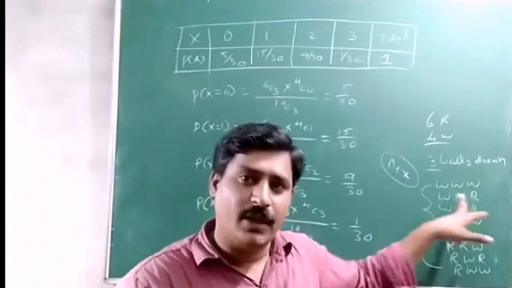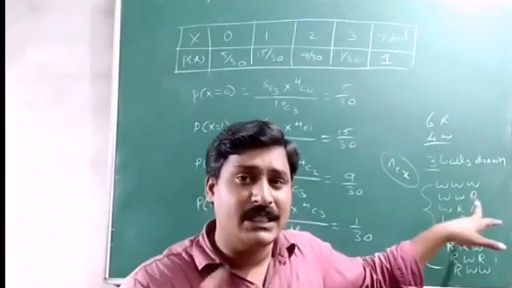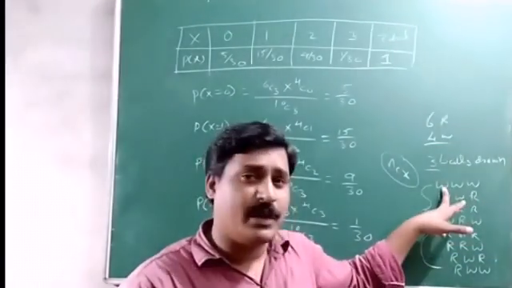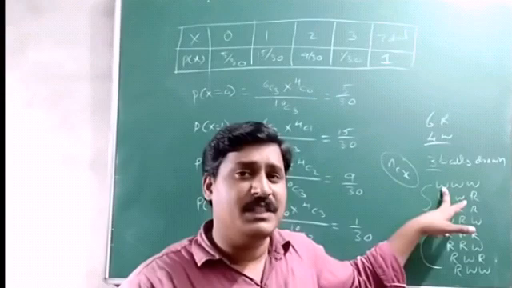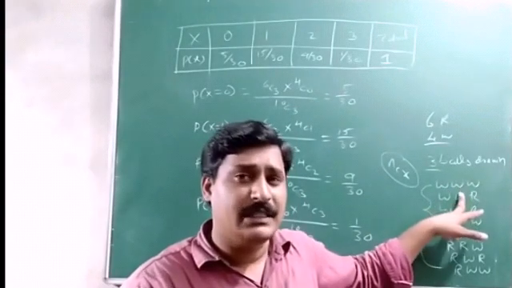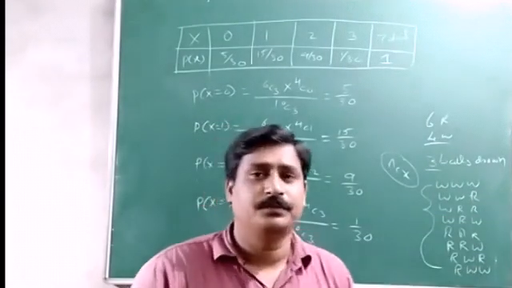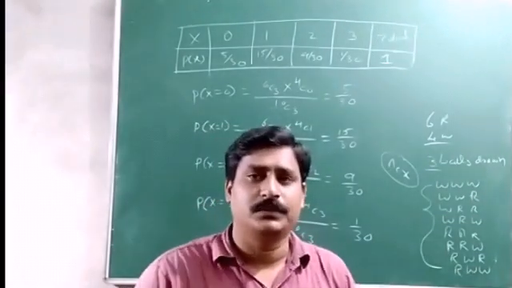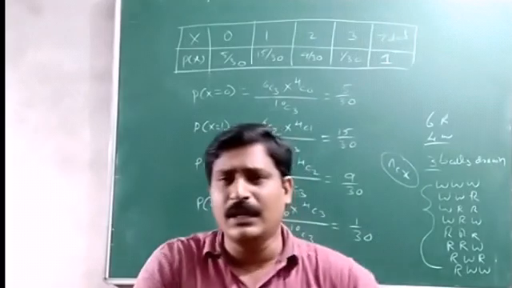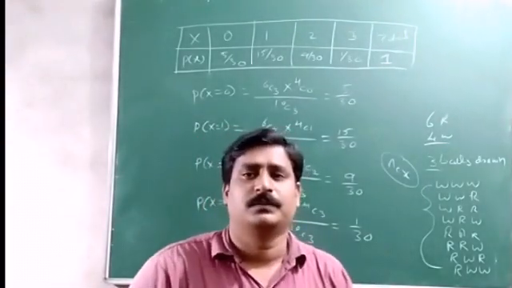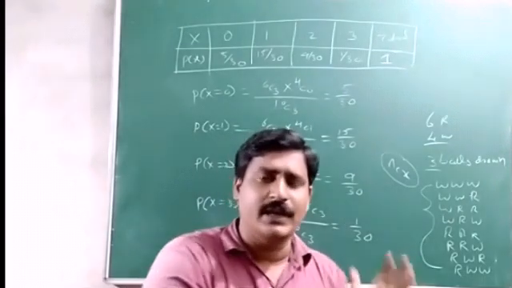So 3 white balls only, but the combination changed here. Or it may be the white ball numbered 1, the white ball numbered 3, and the white ball numbered 4: 1, 3, 4. So in different ways we can get 3 white balls, different combinations of white balls itself.